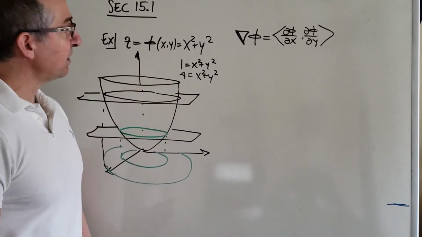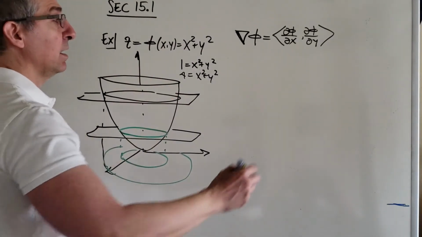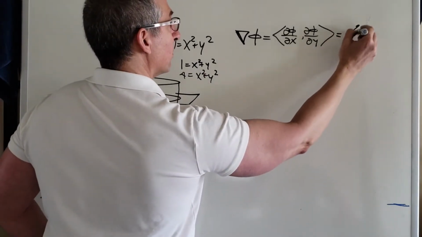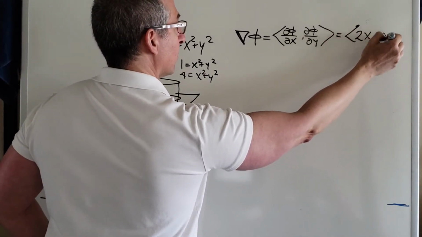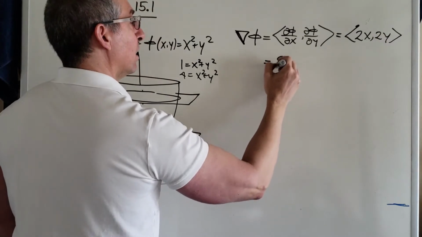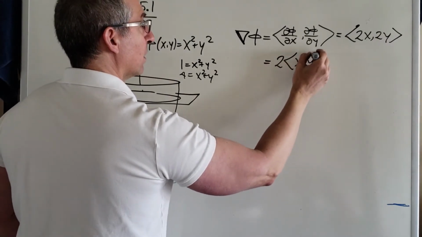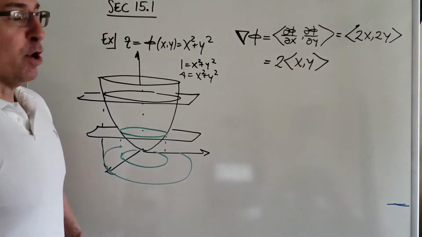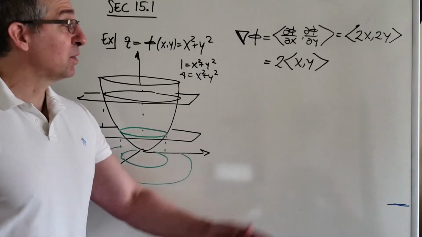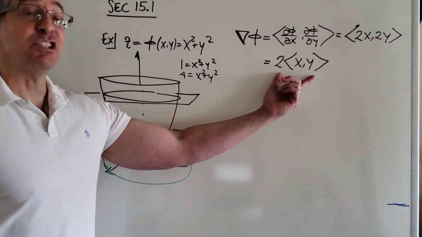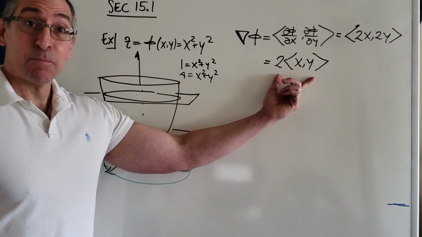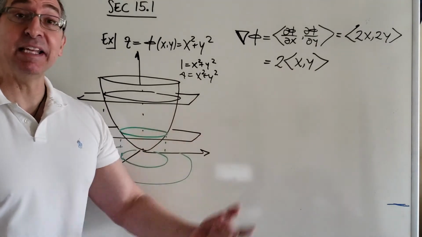Looks like we're going to get 2x plus 2y. Okay, gang, notice from the previous video, this has the form of a radial field. That has the very form of a radial field.